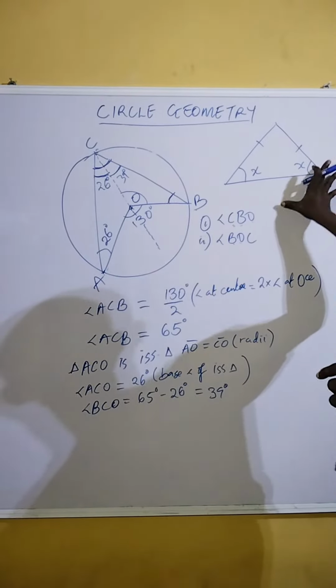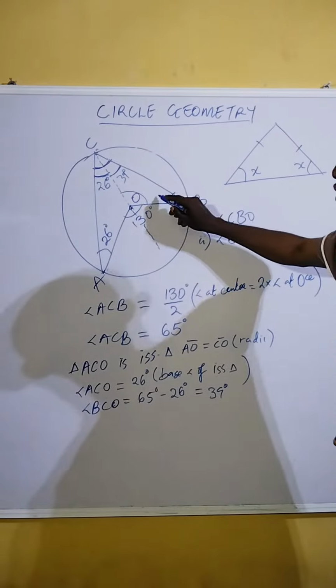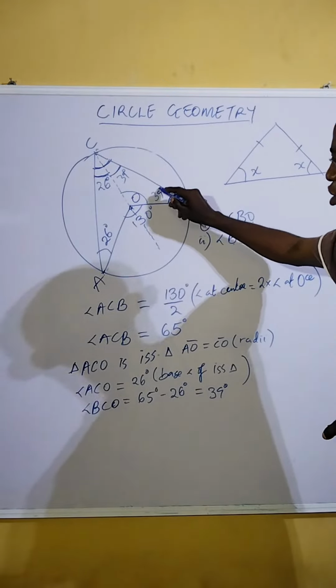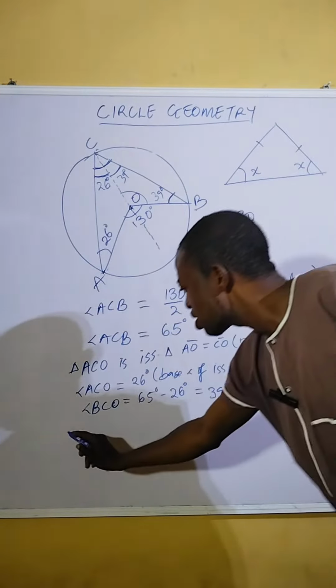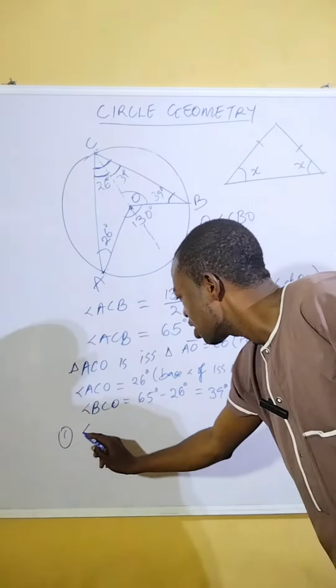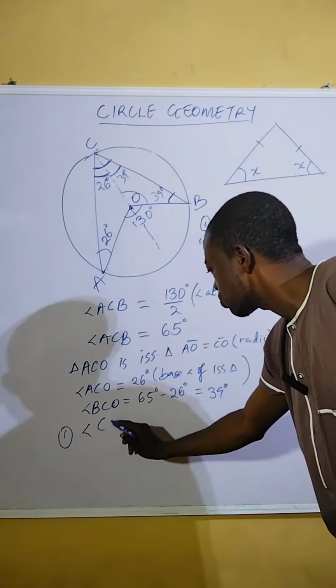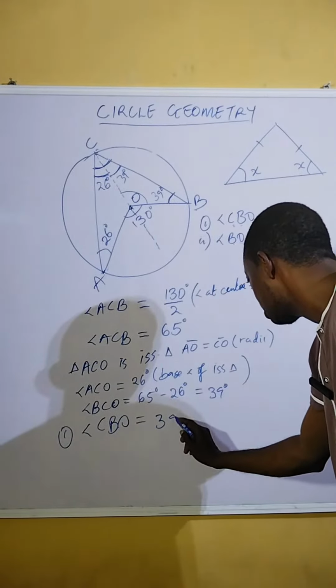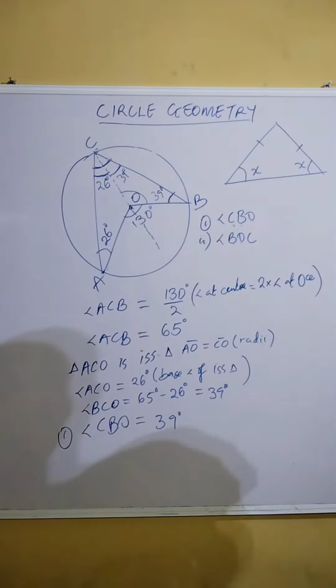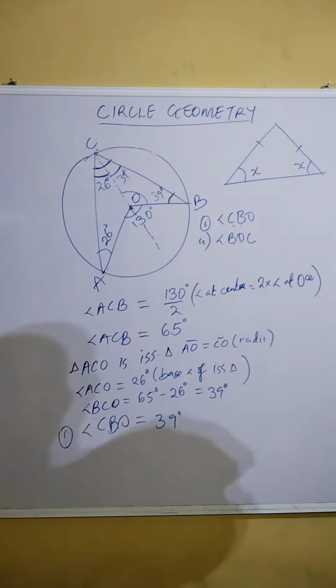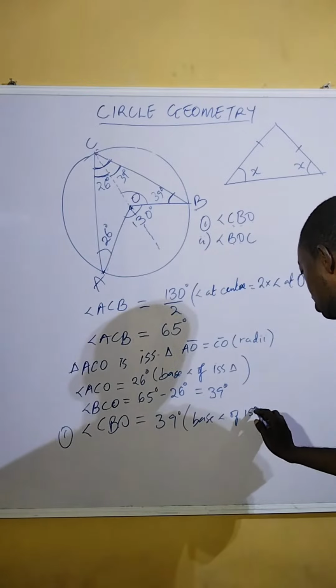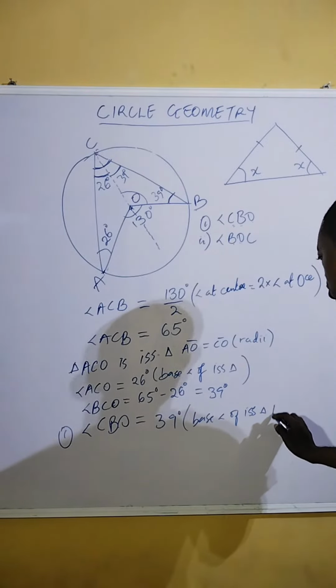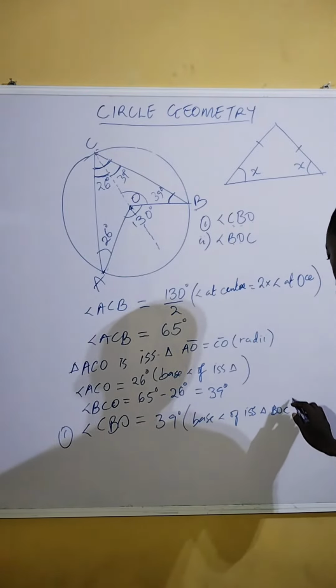That makes it an isosceles triangle, and the base angles are equal. So this is 39 degrees. So we can say that the first question has been answered, that this angle CBO is equal to 39 degrees. Why? Base angle of isosceles triangle BOC or BCO.